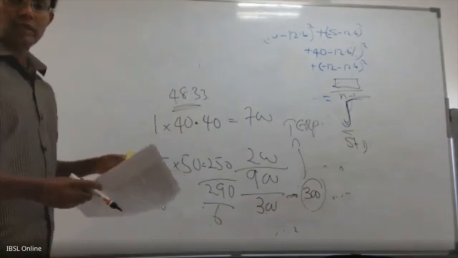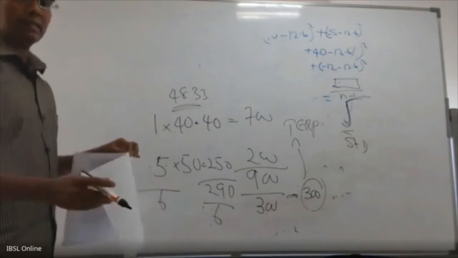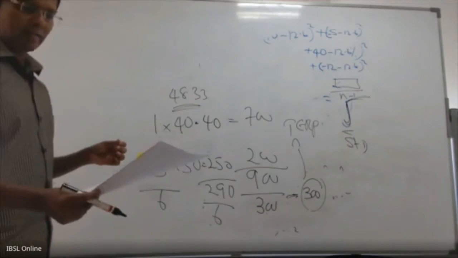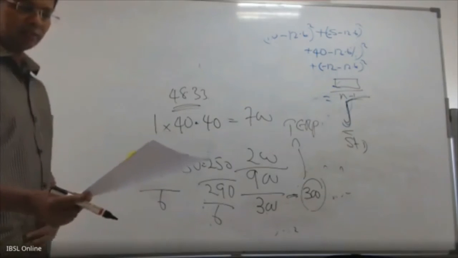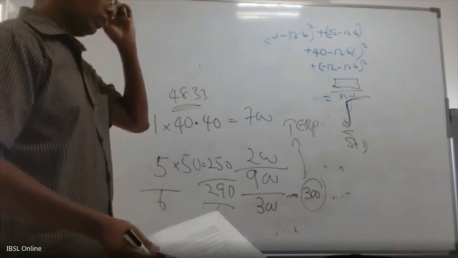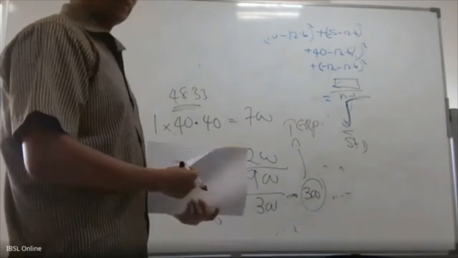Now this is the question. I have taken this question from a recently concluded examination paper, 2 weeks ago: Investment Banking examination, January 2021. So that's the question, a 5-mark question.